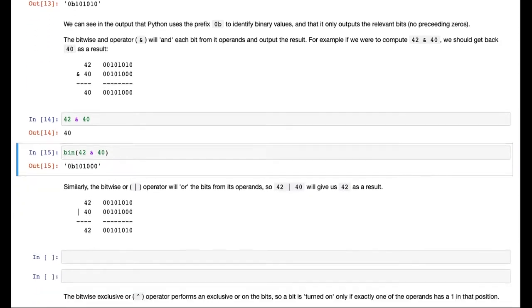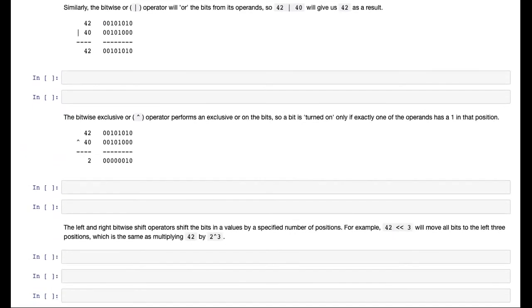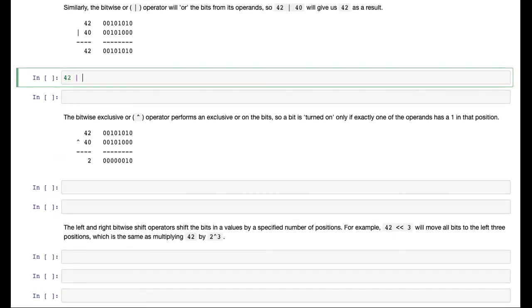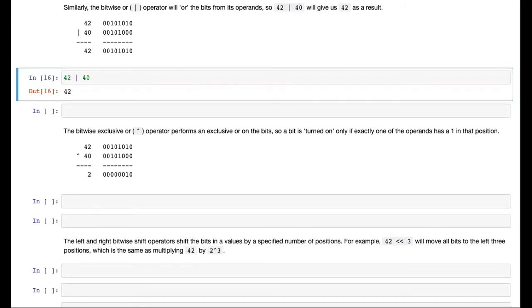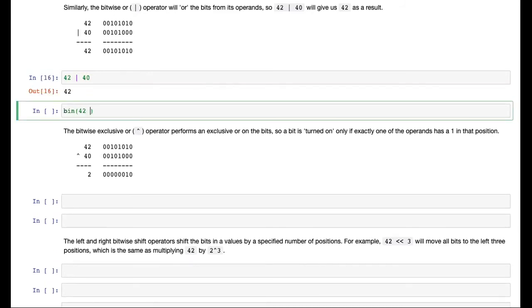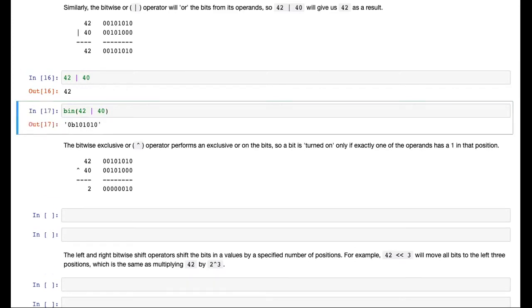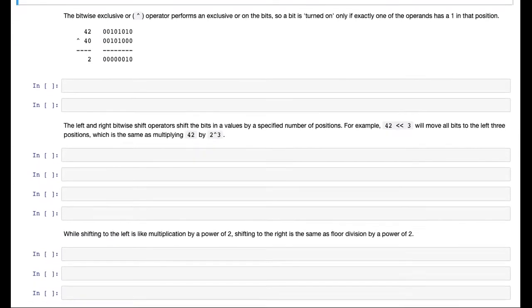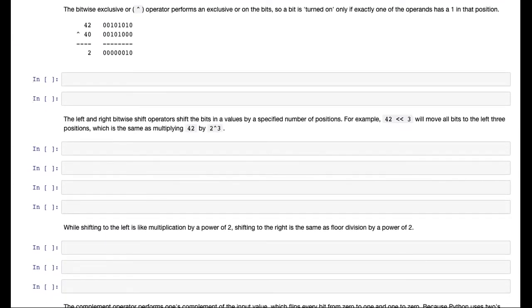Similarly, we can perform the bitwise OR using a single vertical bar or pipe character. This enables bits in the output if at least one of the corresponding bits in one of the inputs is enabled. And if I use the bin function here again to output the result in binary, you'll see that this matches what I have here in the notes above. The exclusive OR operator is represented by the caret or circumflex character.